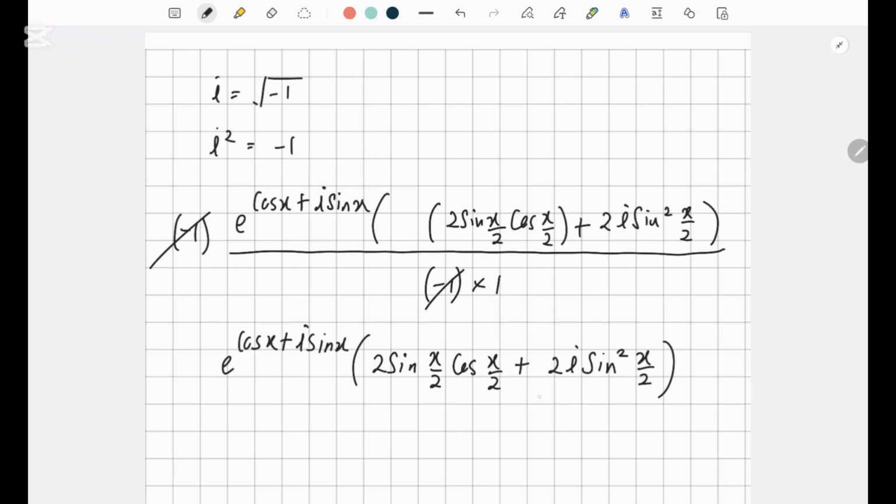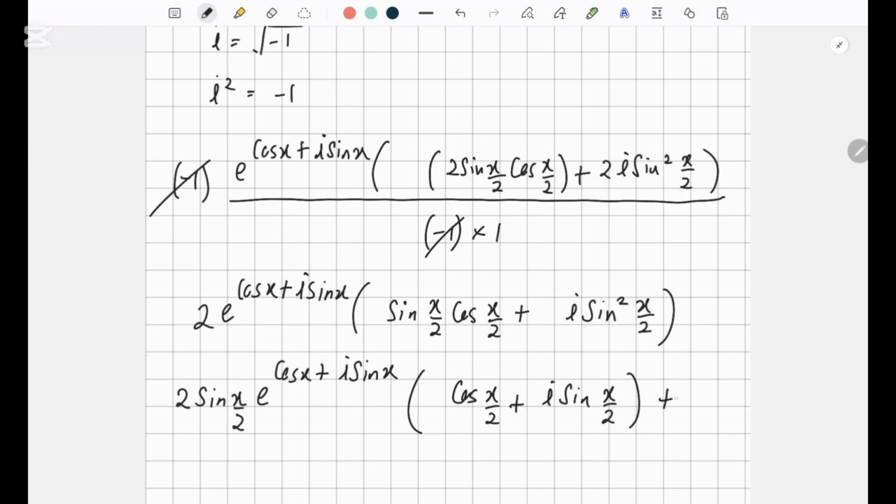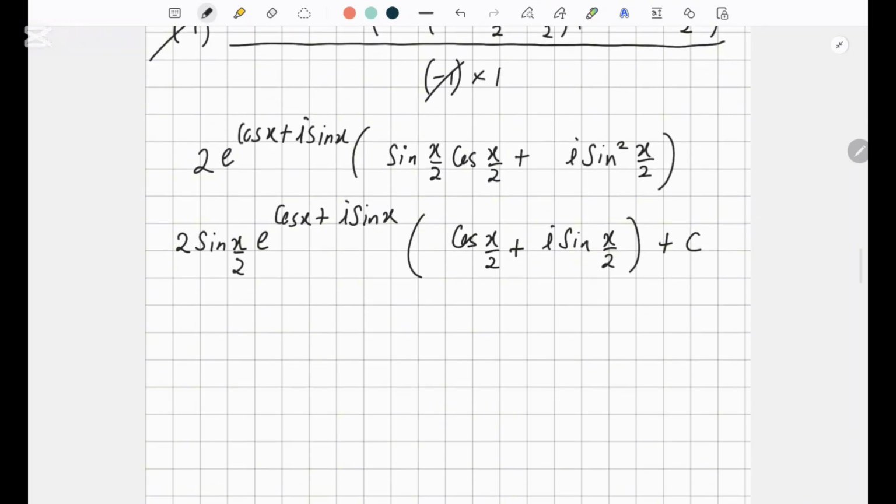Now we have 2 as common too, so you could take that out instead of writing it inside the bracket. So we could write this, and now we could take sin(x/2) outside too, right? So we have 2 sin(x/2) e to the power (cos x + i sin x) into (cos(x/2) + i sin(x/2)) plus c. Now what can we write?